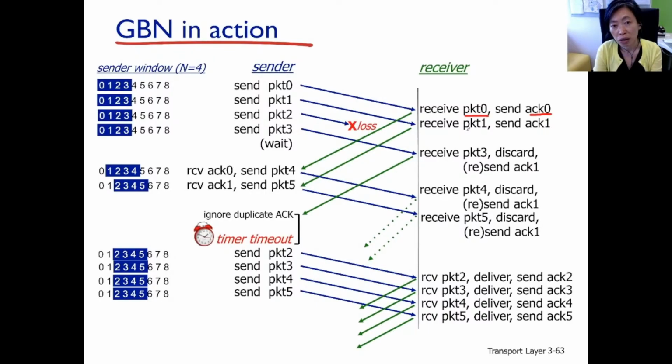Next, we get a call again from below, packet 1, not corrupted, and it's in sequence, therefore we send ACK for the highest data number that has correctly arrived in order. So these are being sent back to the sender. But packet 2, oops, is lost somewhere on the internet.